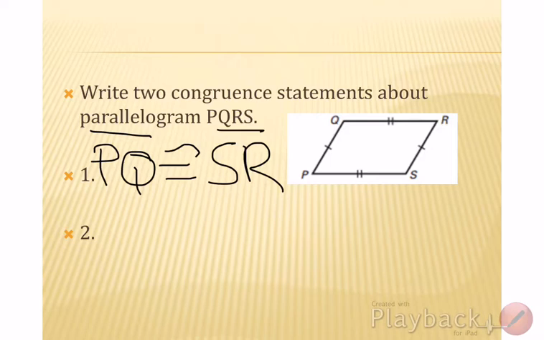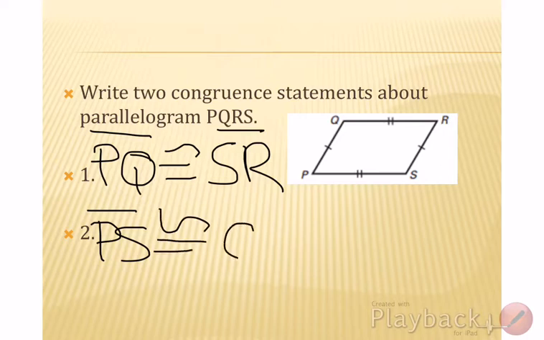What else do I know that's congruent? I know the other segments are congruent, so I'm going to write that as PS is congruent to QR. Right? That's what you'd expect.